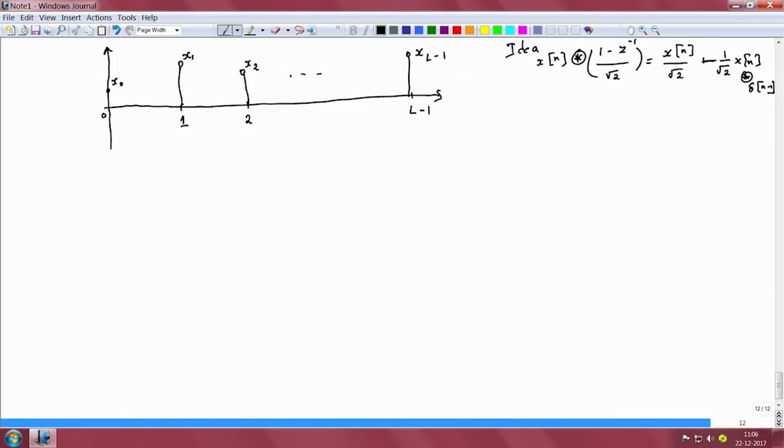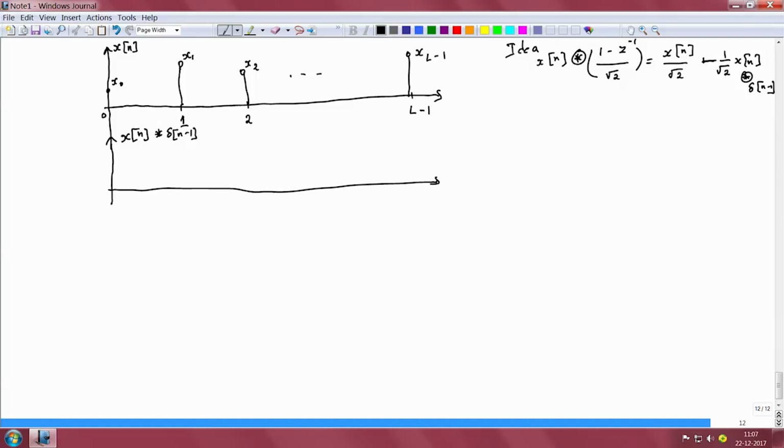So, in this case we have this as x of n. Now, what will be x of n circularly convolved with delta of n minus 1?